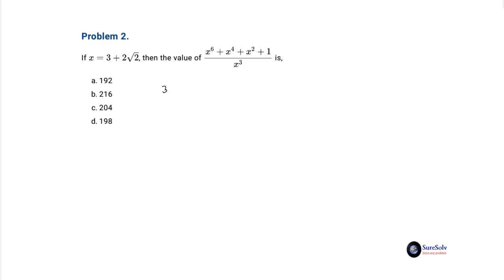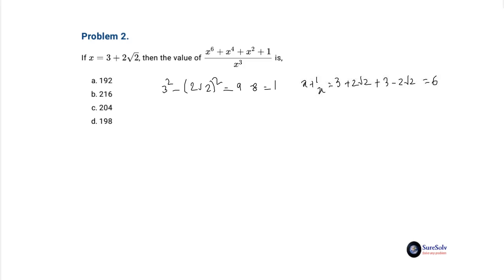In our case, 3 square minus 2 root 2 whole square equals 9 minus 8 equals 1. So x plus 1 by x equals 3 plus 2 root 2 plus 3 minus 2 root 2 after rationalization, equals 6, free of surd. Our first target is met.